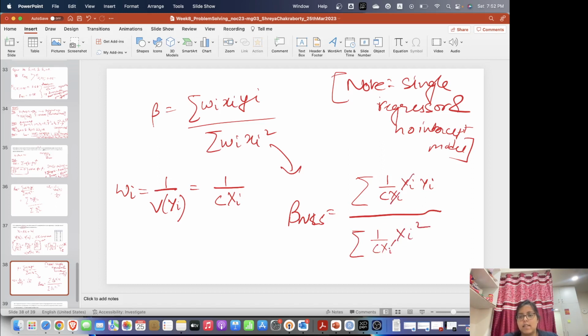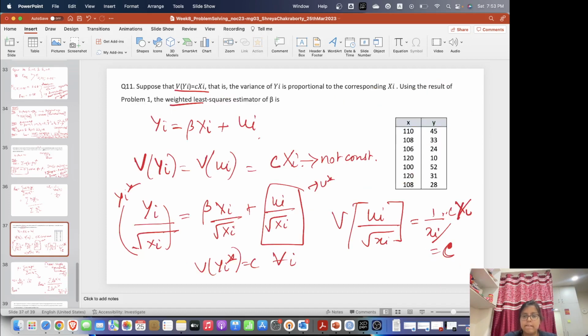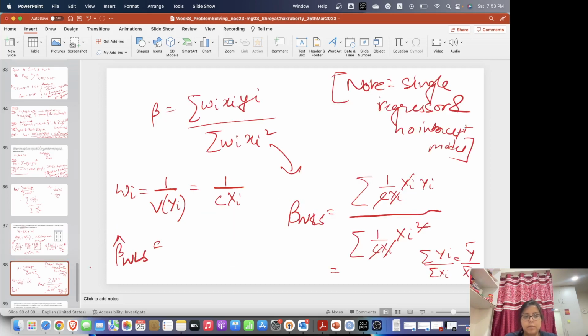This xi cancels, and 1 by c is also a constant, so it will cancel, and this will be summation yi by summation xi, or we can write it as y bar by x bar. So beta WLS in this context, from the origin, we'll just take x bar and y bar and get y bar by x bar.